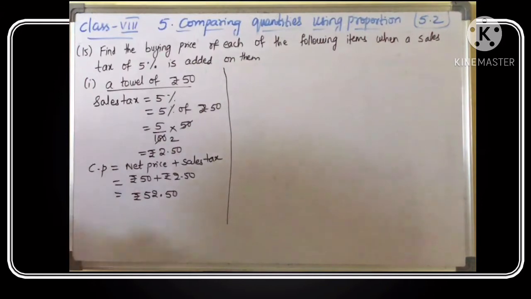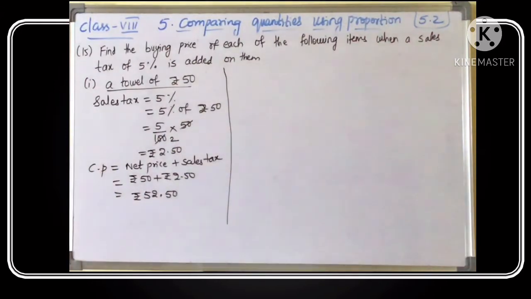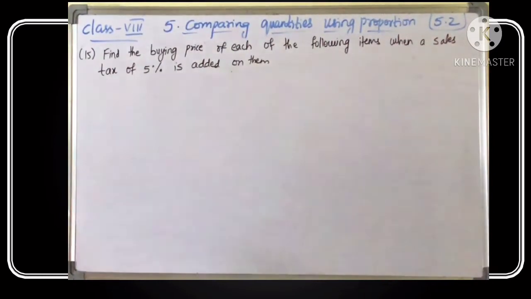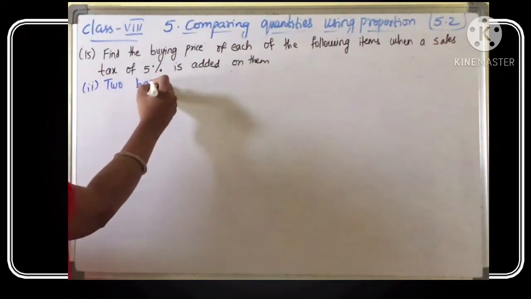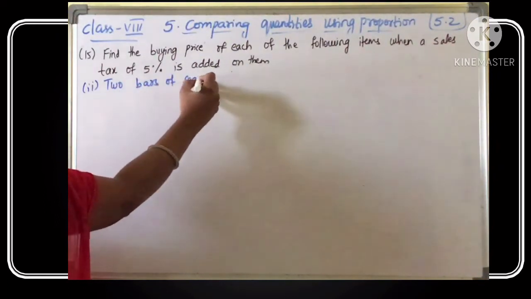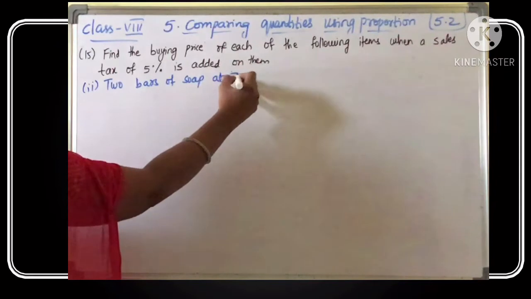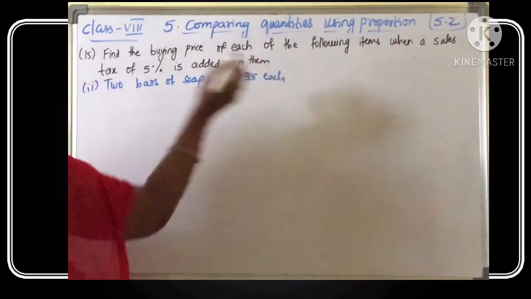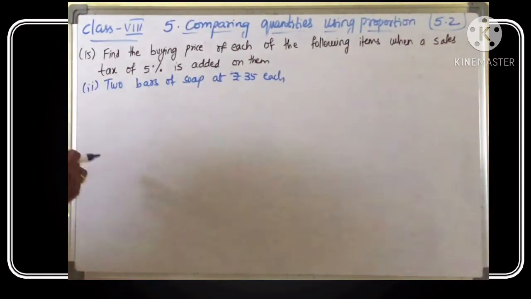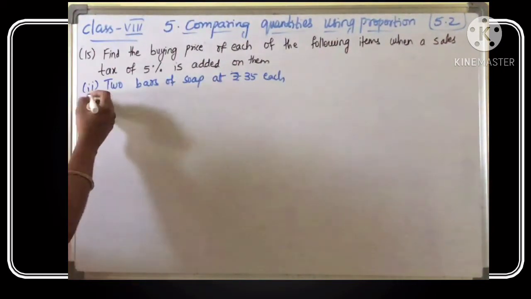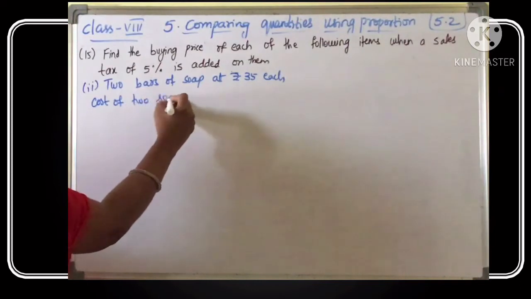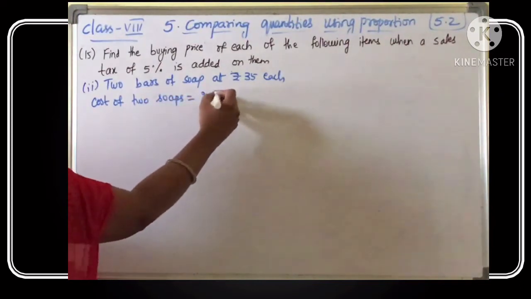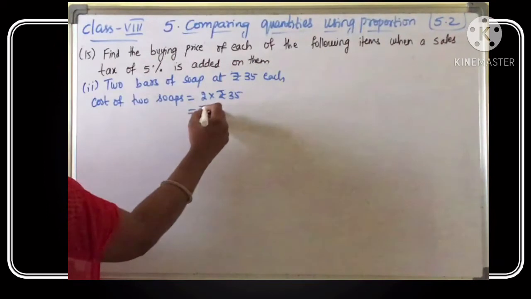Okay, children. Now, coming to the next one. The second one is given: 2 bars of soap at rupees 35 each. So each soap is 35. We should find the cost of 2 soaps first. 2 into rupees 35 is 70.